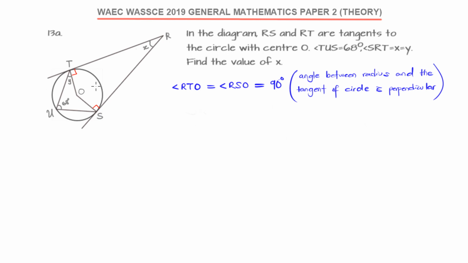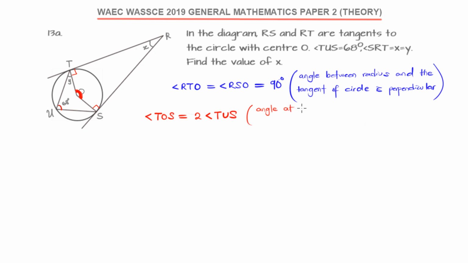Now, sequel to that, if we also look critically at the diagram, we can see an arc subtending an angle of 68 degrees at the circumference, and also subtending an angle at the center of the circle. So the angle at the center of the circle, angle TOS, shown in red, is going to be equal to 2 times the angle at the circumference TUS. Why are we saying that?